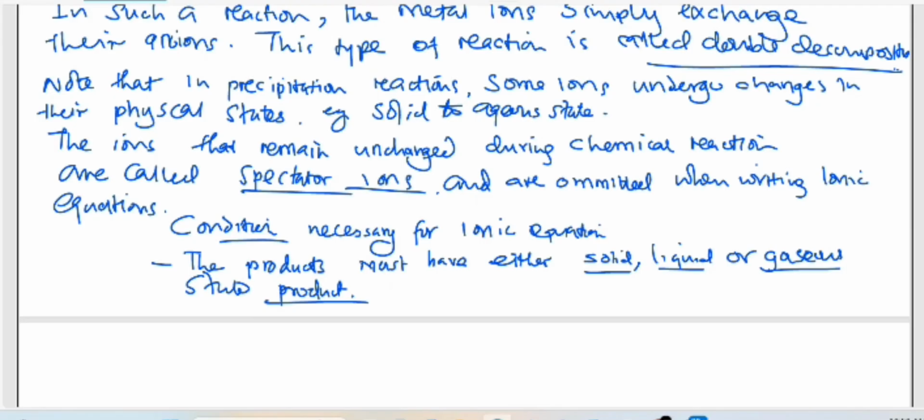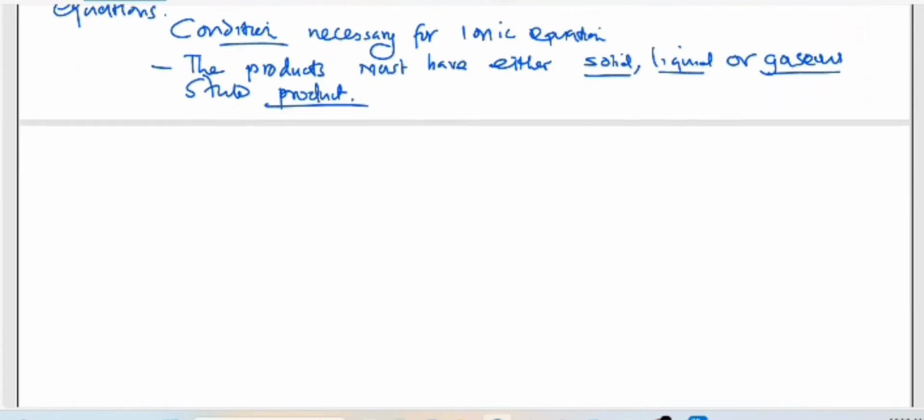We are going to go through several examples of these equations. We shall use all the methods to show the way out, so you can arrive at the correct ionic equations.